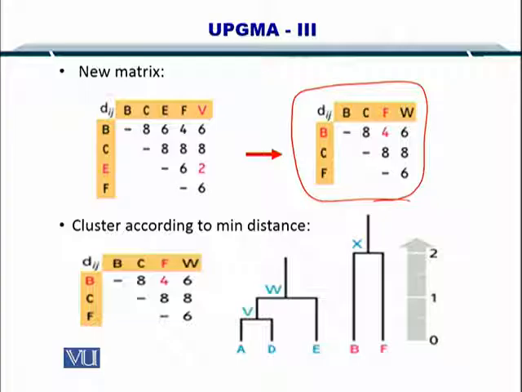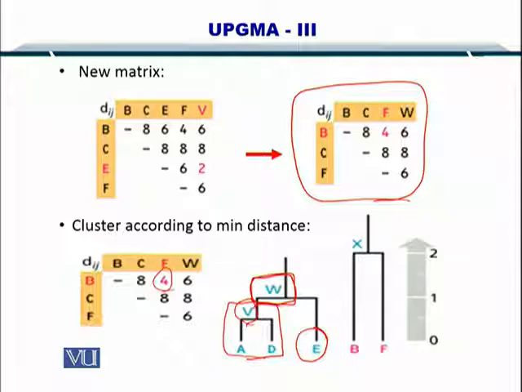Now, if you remember, A and D were grouped into cluster V, and V and E were grouped into cluster W. Now if you look at the distance matrix, the shortest distance that is stated here is 4.